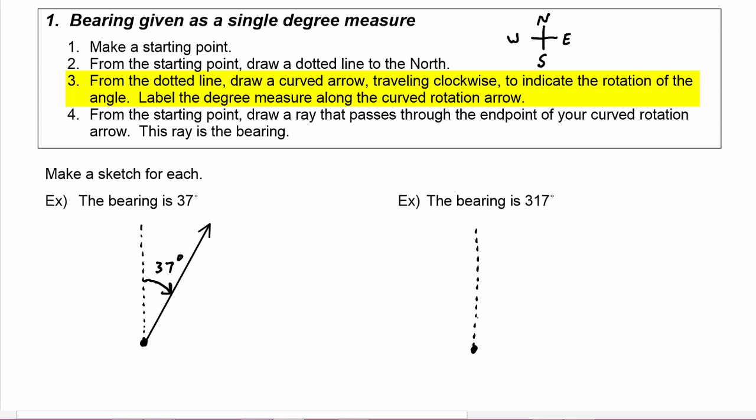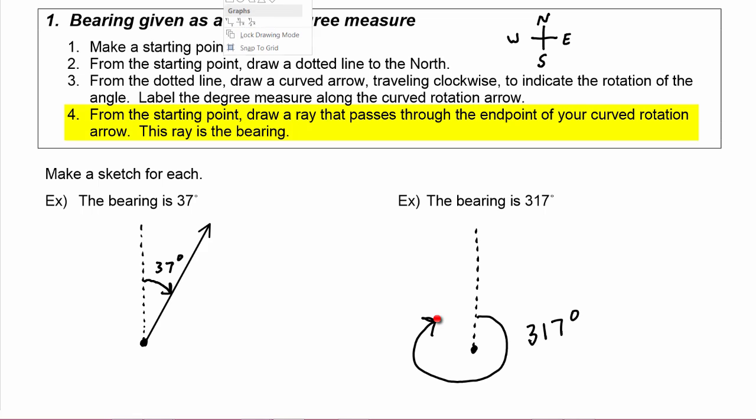So we know this rotation will look something like that. And we're ready to draw in the ray. And there's our bearing of 317 degrees.